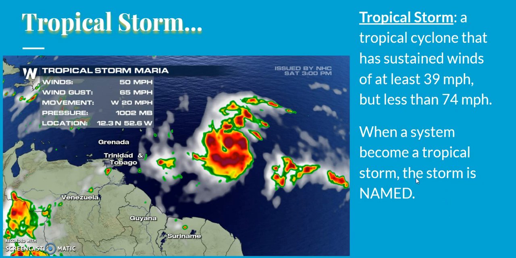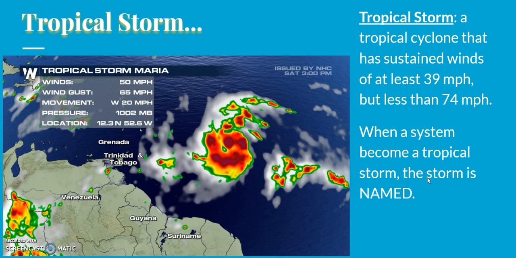But when it becomes a tropical storm, it gets a name off of the official list, and those lists are generated a couple years in advance, and those names go basically alphabetically. So the first named storm of the Atlantic hurricane season would have a name that starts with A, and then the next storm would start with B, and so on and so forth.